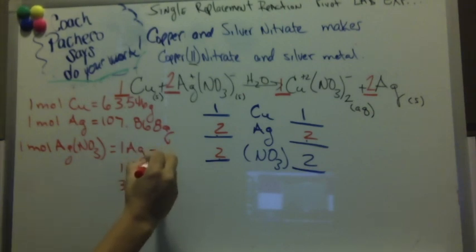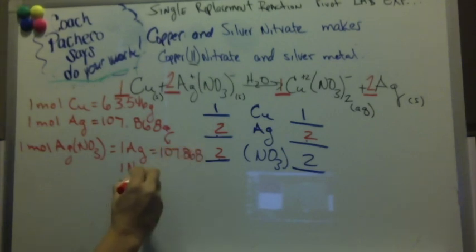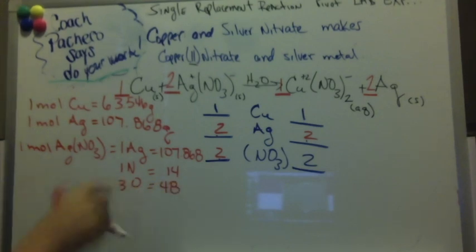The mass of silver is 107.868. The mass of nitrogen is about 14. And the mass of oxygen for 3 of them is 48. How do I get that? Mass of oxygen is 16. 16 times 3 is 48.